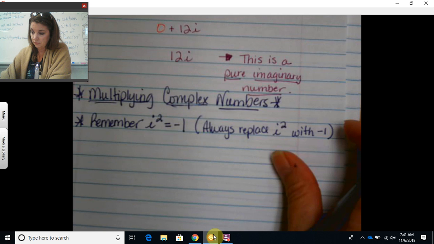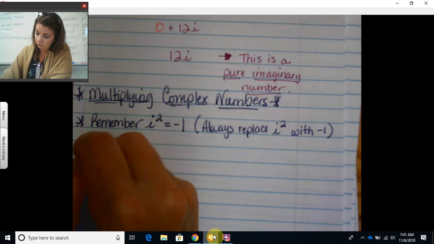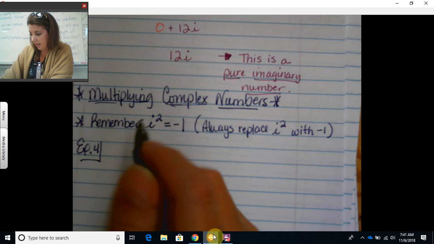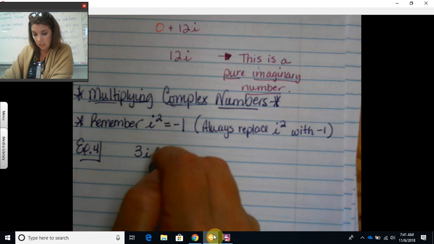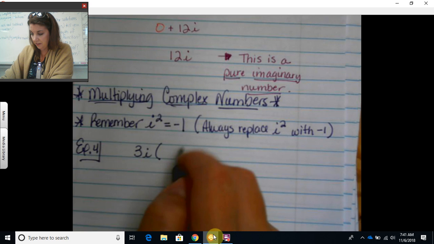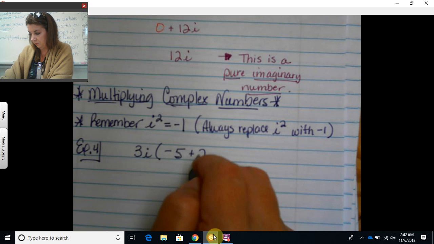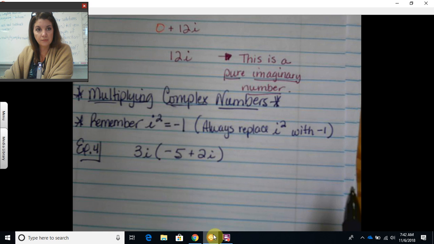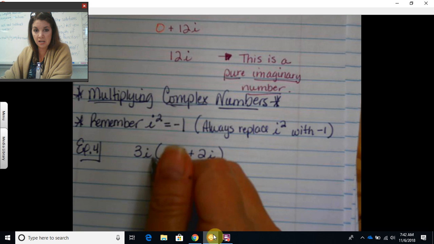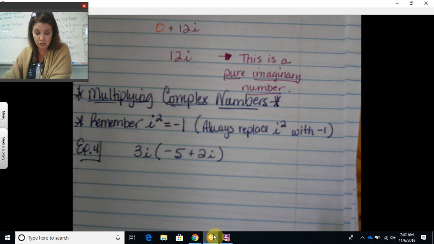So example 4, we have 3i times the quantity of -5 plus 2i. So I'm not adding 3i to the parentheses or subtracting it. There's no sign in between 3i and the parentheses, so we know that means we have to distribute.